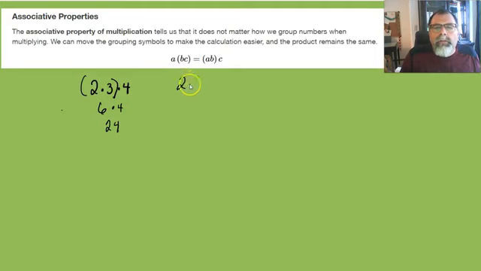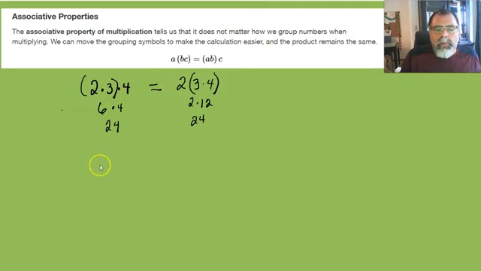If I had 2 times 3 times 4, I can group the 3 and 4 together first. 3 times 4 is 12, and then times the 2 is 24, and you get the same answer. I wrote these backwards from the way it's up here. So you can move that group around. So that's the associative property of multiplication.